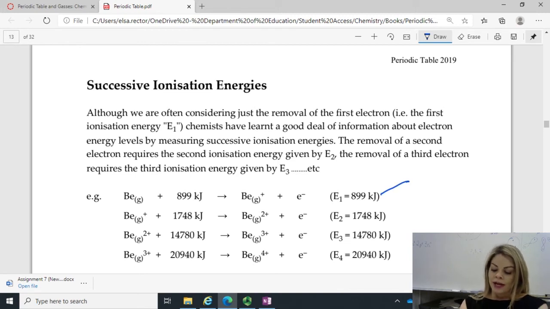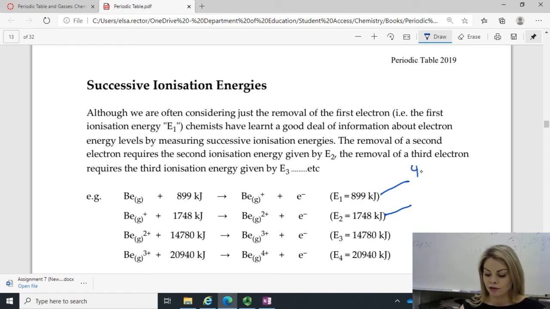So 899 kilojoules required to remove the first outermost electron. Okay? Required to remove the outermost electron. Slightly more energy required to remove the next one. And that's because of the increased proton to electron ratio now.